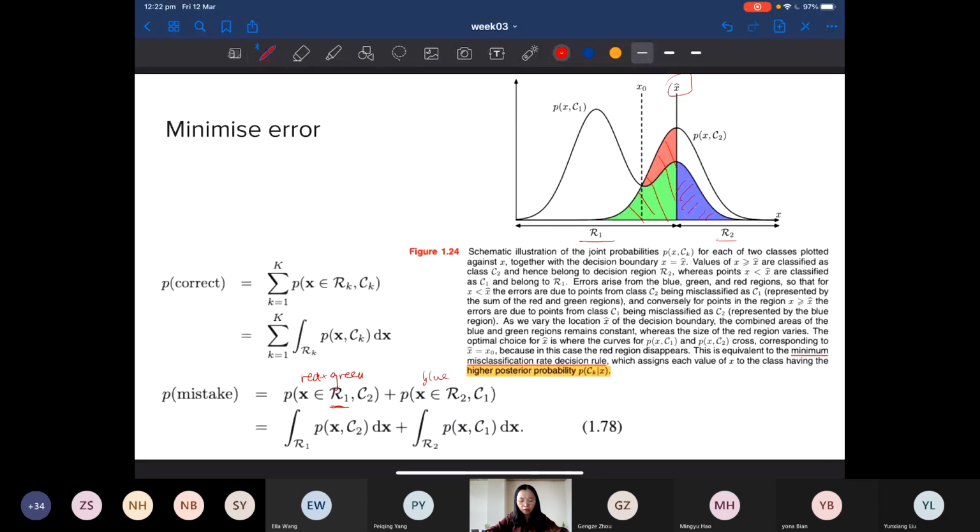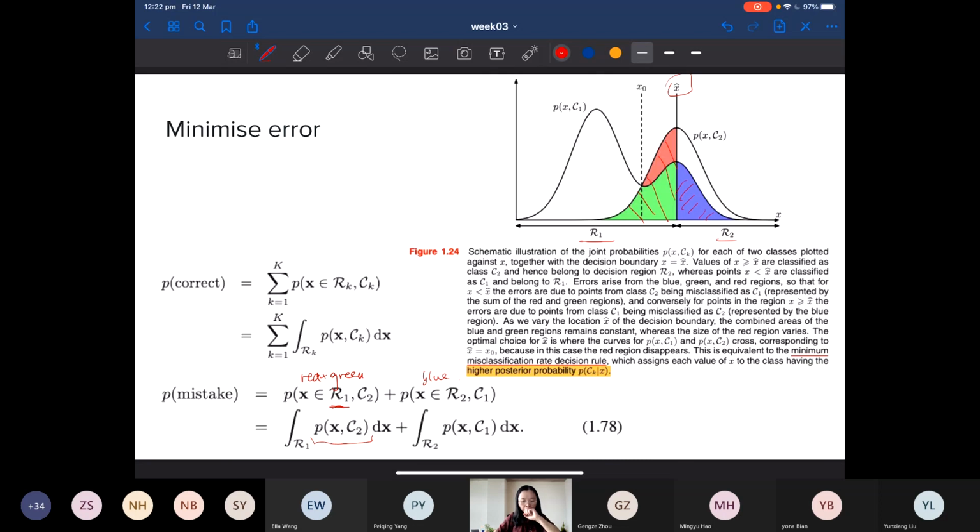Written in integral form, we integrate over the potentially high-dimensional regions R1 and R2, and the probability of error in the respective regions is just the probability of x belonging to the other class, or all the other classes if we're dealing with multi-class situations.